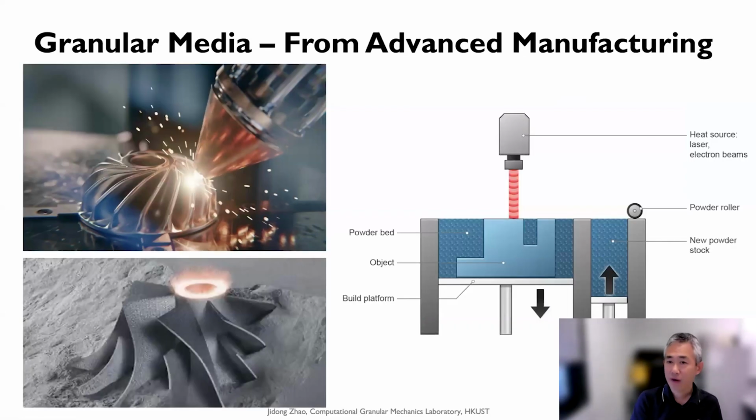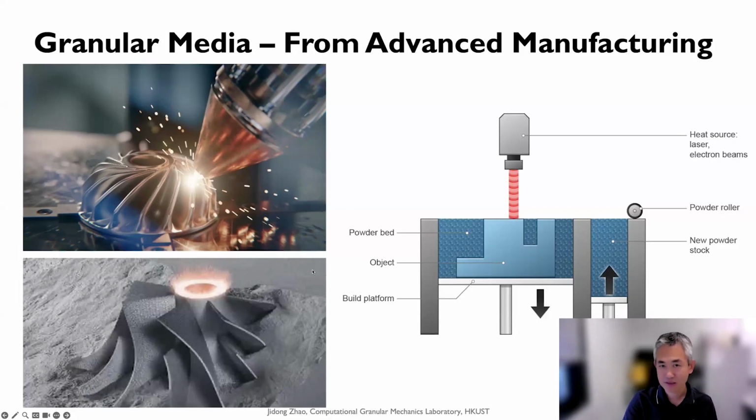And also in advanced manufacturing, especially now, we want to design 3D printing technologies, using a high energy laser or other heat sources to melt the metal powder into certain advanced, complicated products like a rocket engine.